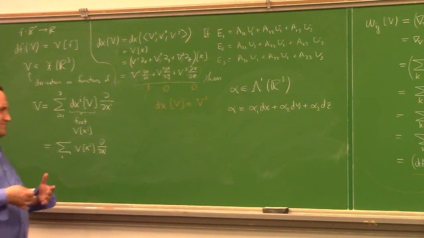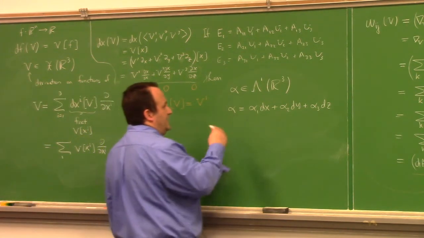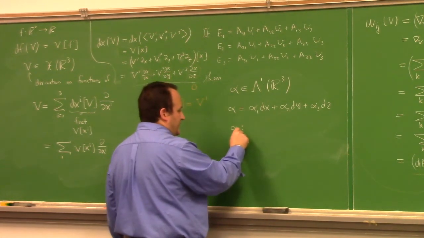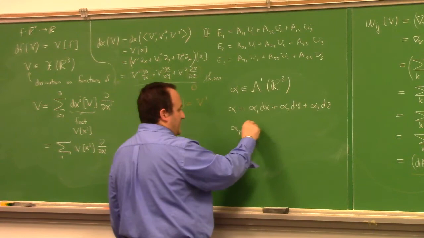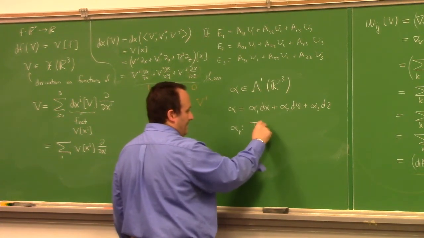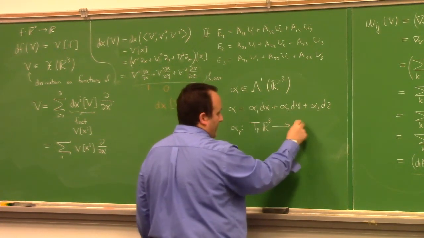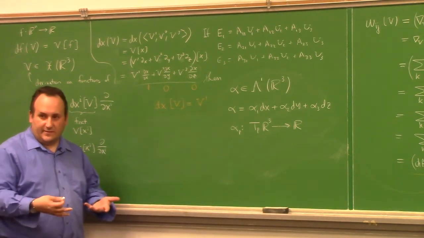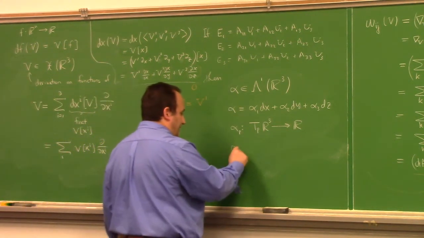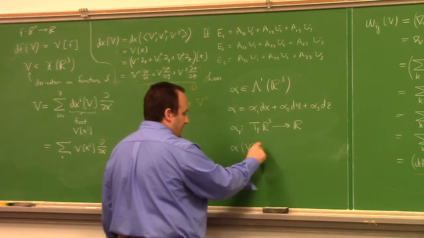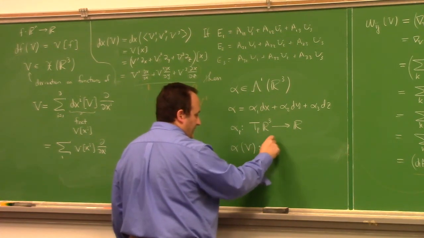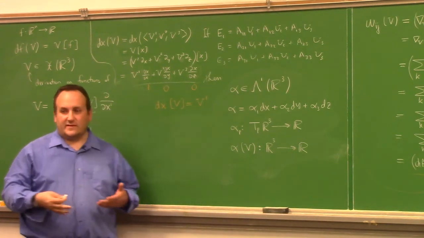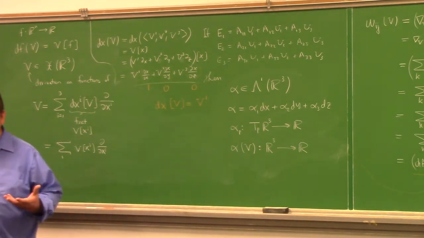And one forms are also naturally viewed as alpha basically is a function. If we fix a point, alpha at a point is a function from the tangent space at that point to the reals. Now, if you allow the point to vary, if we look at alpha of v, then this is itself a mapping from R3 to the reals. Alpha of v is actually a smooth function of some sort or another.